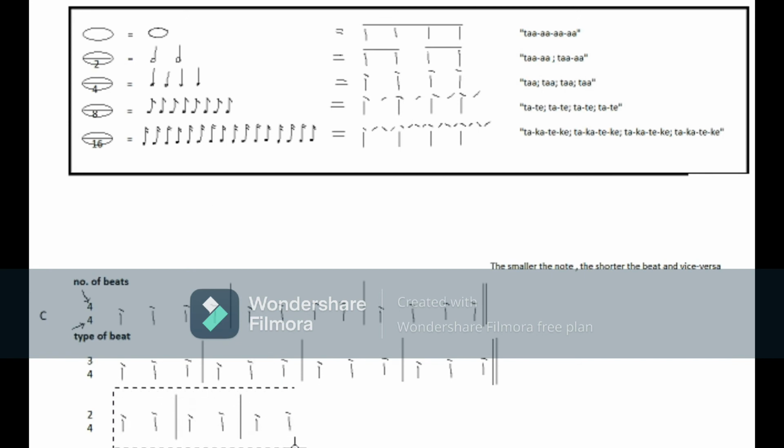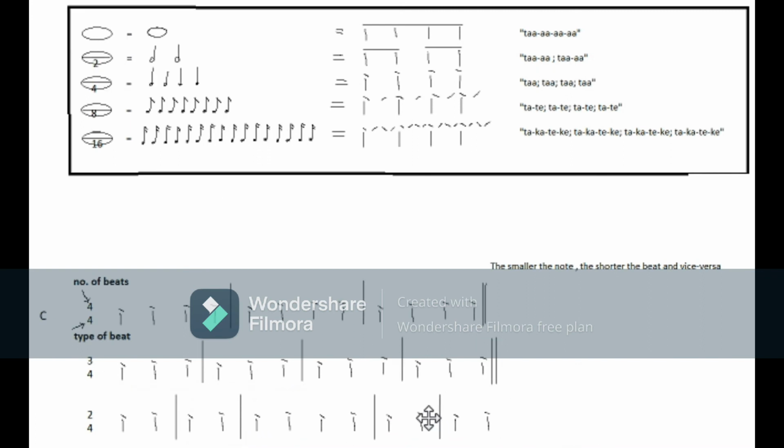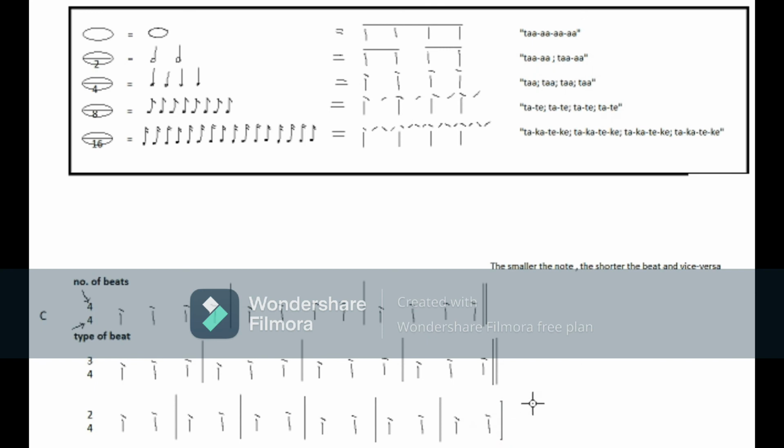Include all this and close off with a bar line to stay true to our time signature, ending off with a double bar line to signal the end of that section.